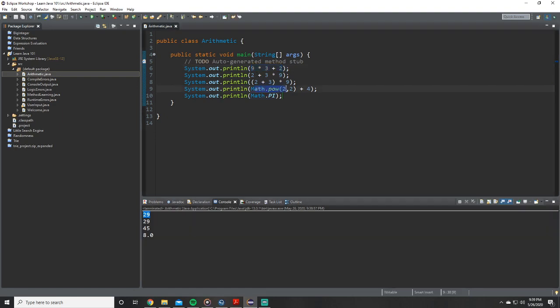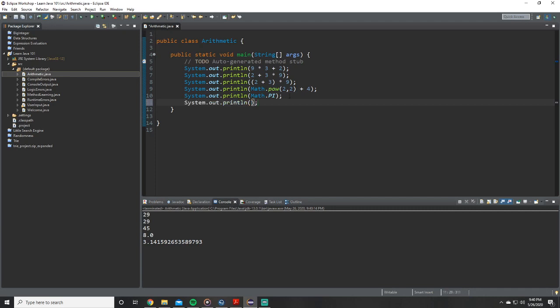But once we go with Math.pow, we're getting a double. And if we add 4 to that, which is an integer, we still want to keep this floating point. So it typecasts this 4 to a double for us, and then adds it. But since we added the Math.pow or Math.PI constant, we can run it and it'll print.